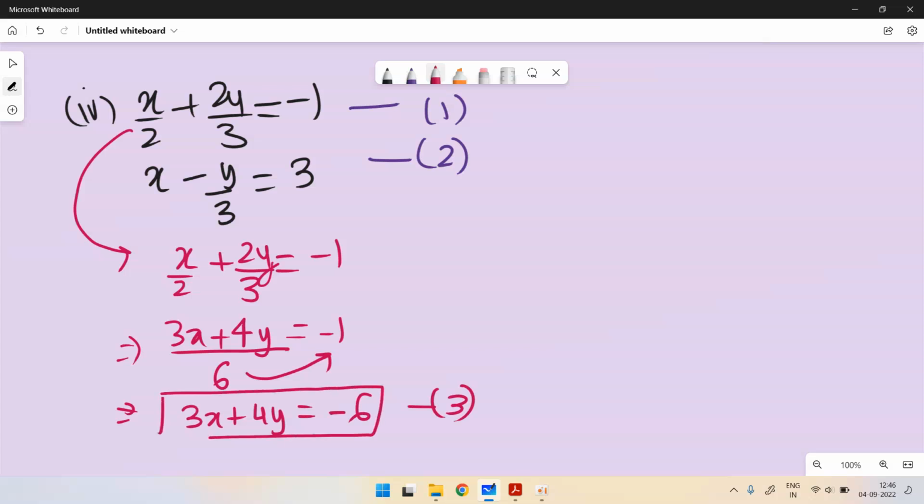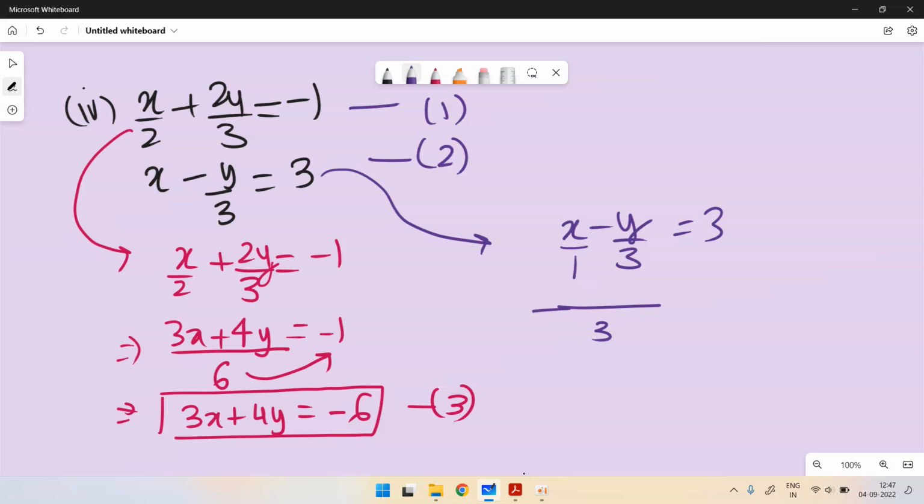Now from here, this is x minus y by 3 equal to 3. If you take the LCM, one denominator is 1 and the other is 3, so the LCM is 3.